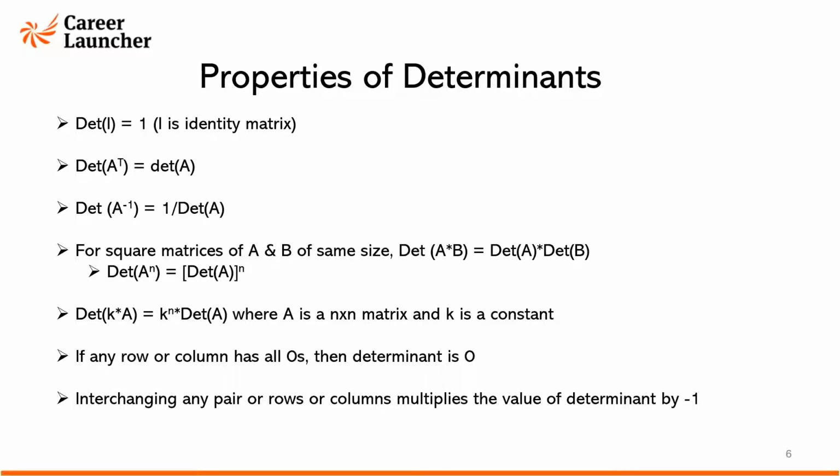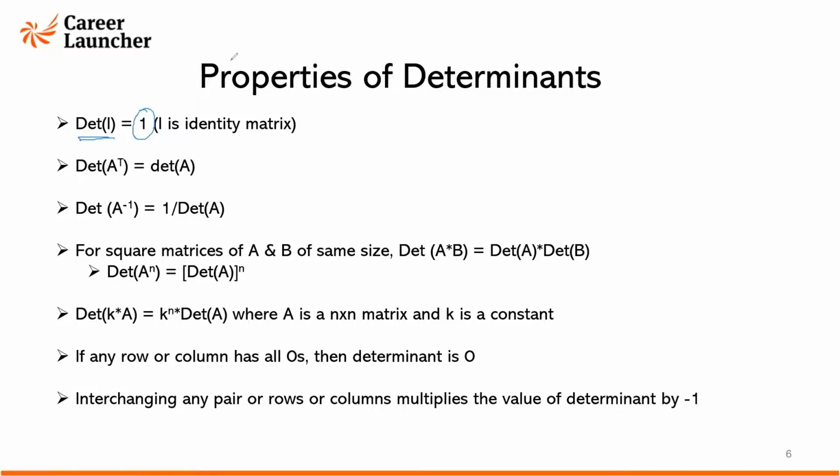The first property is determinant of I, where I is the identity matrix. In the previous video, I already covered the meaning of an identity matrix. Determinant of any identity matrix is always 1. It doesn't matter what the order is: 2 by 2, 3 by 3, 4 by 4, any higher order matrix, the determinant of the identity matrix is 1.